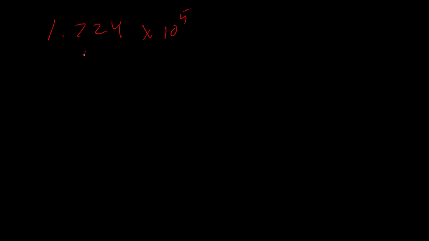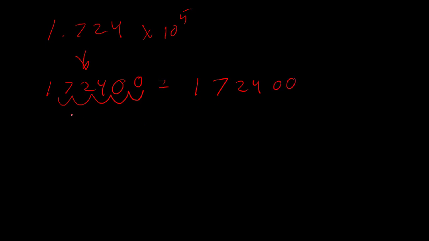So we can just drop the number down. And the exponent is 5. So what I like to do is make sure I have at least 5 positions the decimal could be moved. So again, we have a positive exponent, so we would move the decimal to the right.